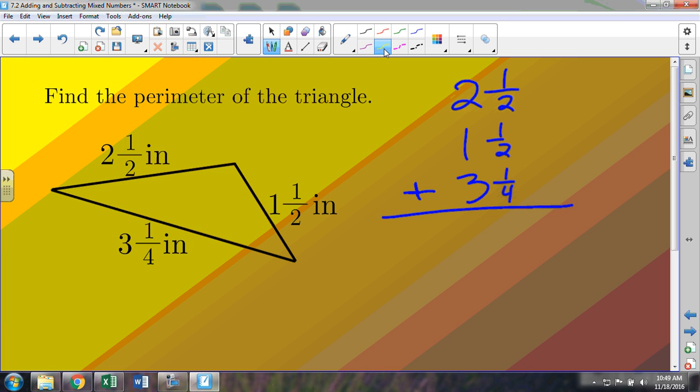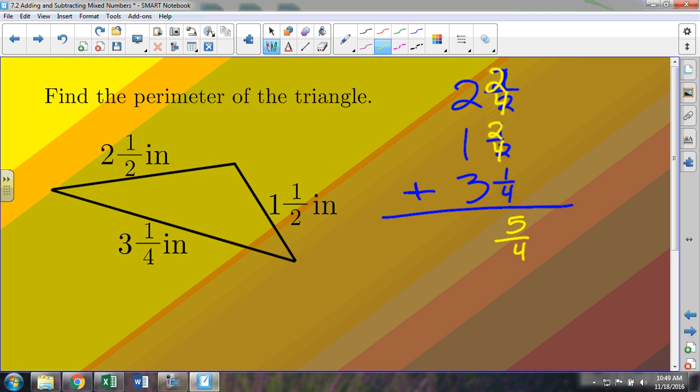If we were to get the common denominator, we could recognize that 1/2 is the same thing as 2/4. And so we could simply go through and say 2 plus 2 plus 1, adding those three numerators. That's 5.